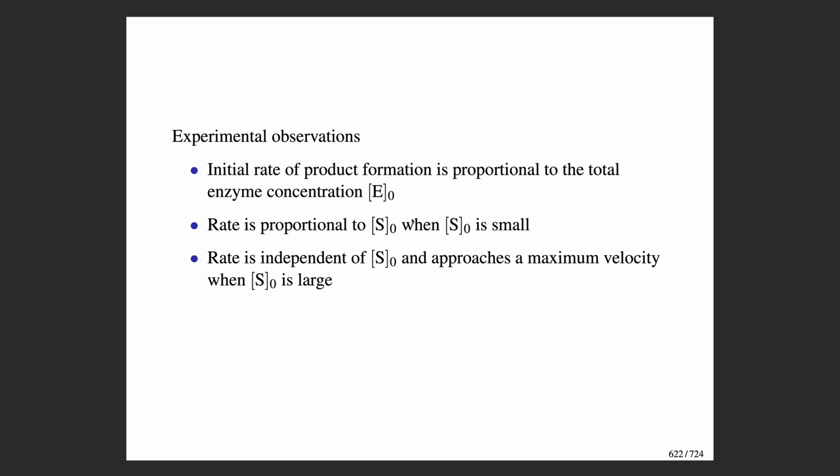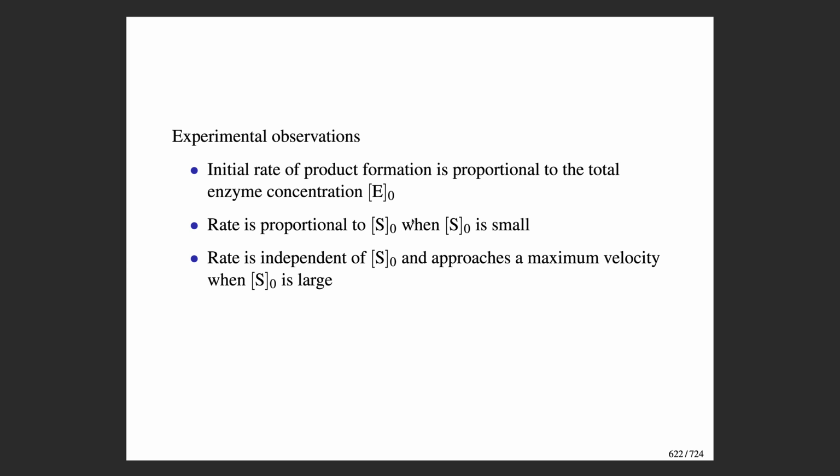Here are the primary observations for enzyme catalysis. The initial rate of product formation is proportional to the total concentration of enzyme. So early on in the reaction, the rate of reaction is proportional to the enzyme concentration. When the concentration of the substrate is very small, the rate of the reaction appears to be proportional to the substrate concentration.